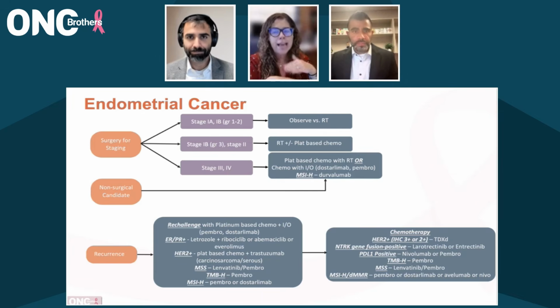I will say that we are slowly starting to move away from that complete definition of histology driven care and instead moving into more molecularly driven care. So we had the Cancer Genome Atlas, which looked at the molecular aberrations that are found in endometrial cancer and started binning them a little bit more related to that.